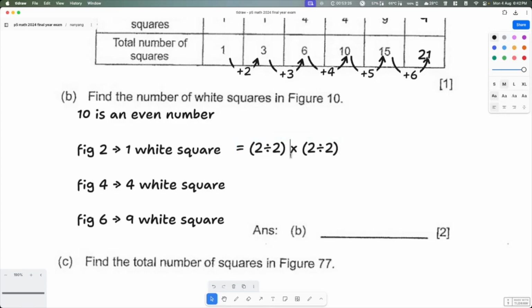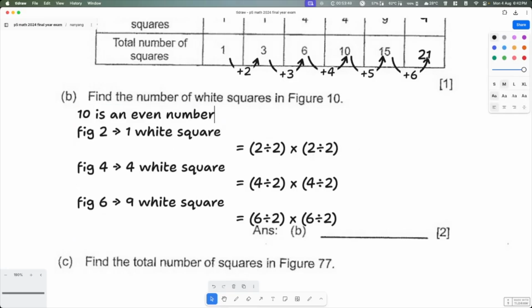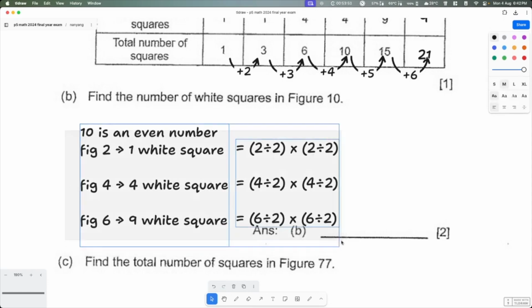Is it the same with the rest? Yes. Then 4 divided by 2 times 4 divided by 2, and the last one will be 6 divided by 2 times 6 divided by 2. So this is the pattern.